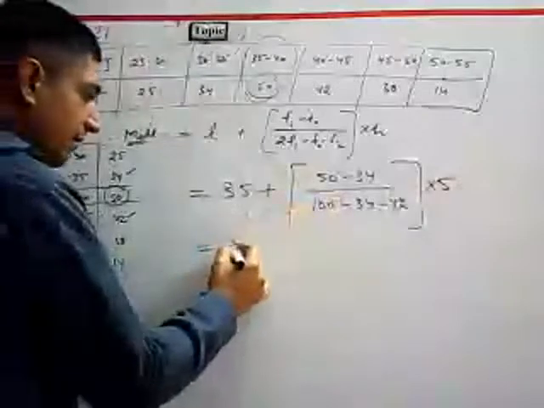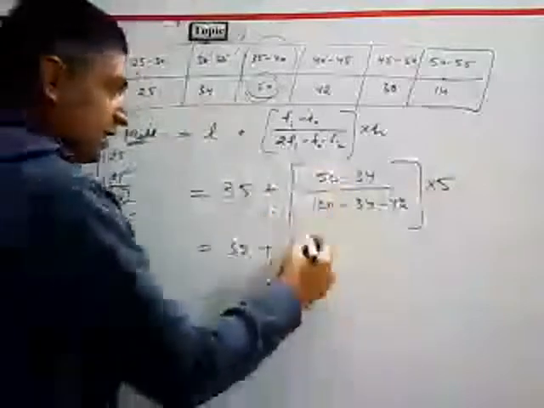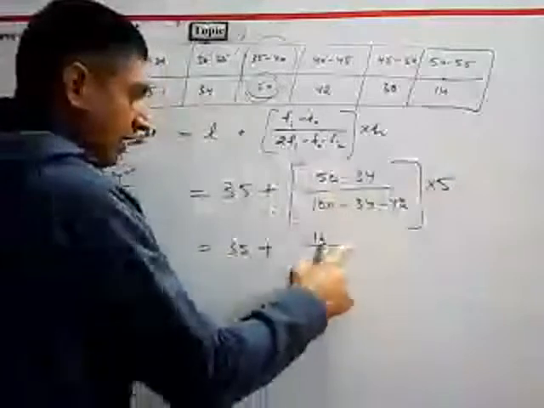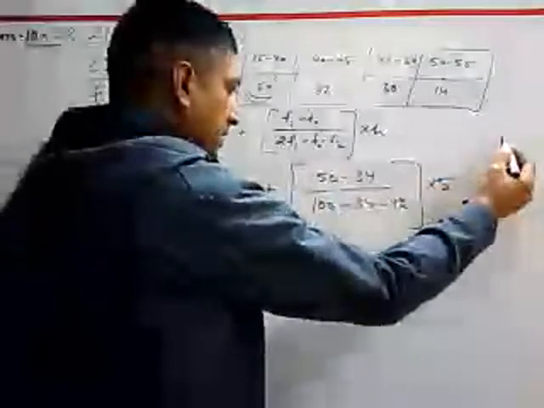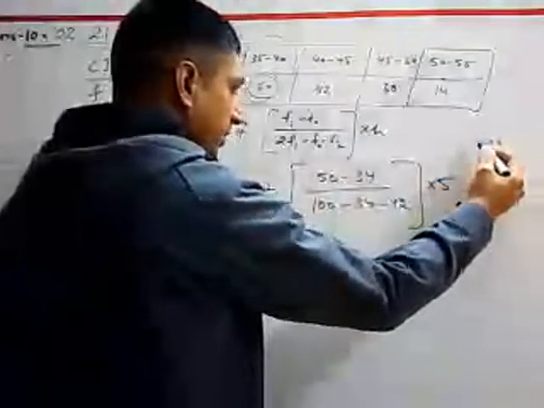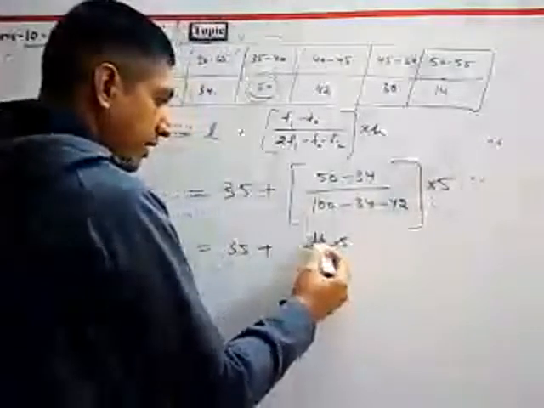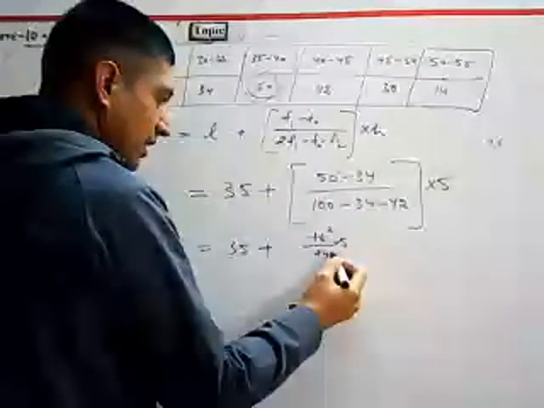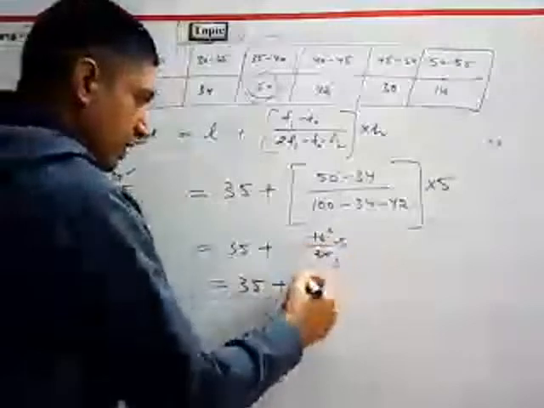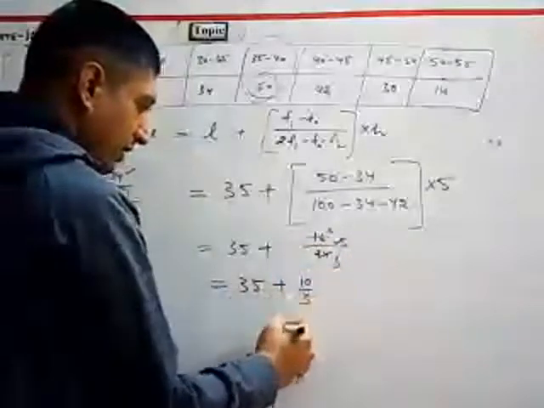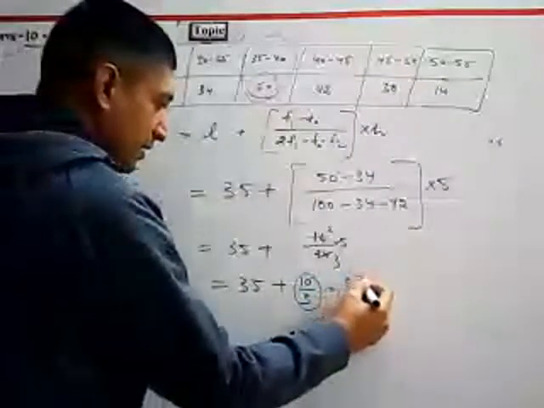That is 35 plus 16 divided by 100 minus 76, so 100 minus 76 is 24, into 5. So 8 2s are 16, 8 3s are 24. So the answer is 35 plus 5 2s are 10 upon 3, right? That is 3.33 recurring.